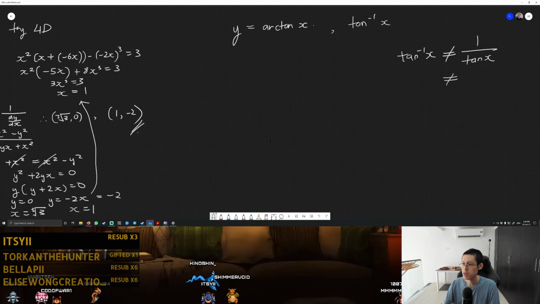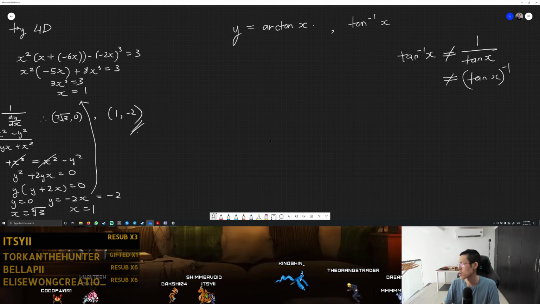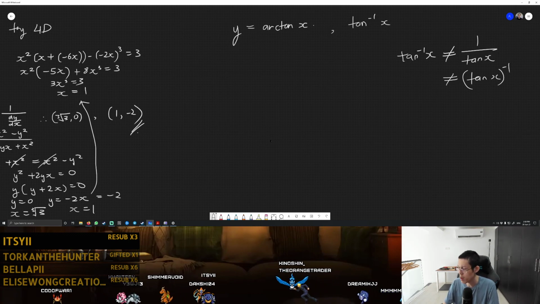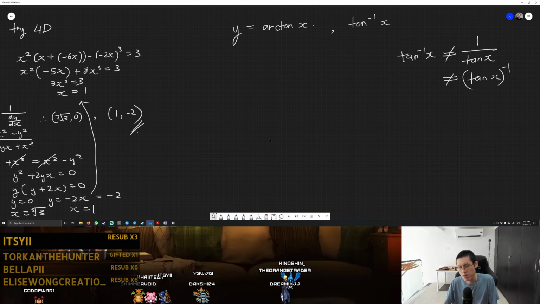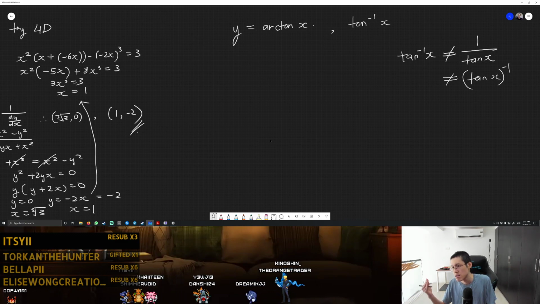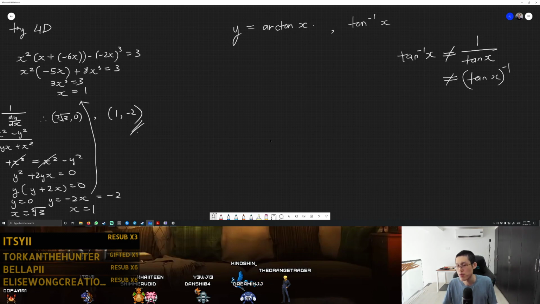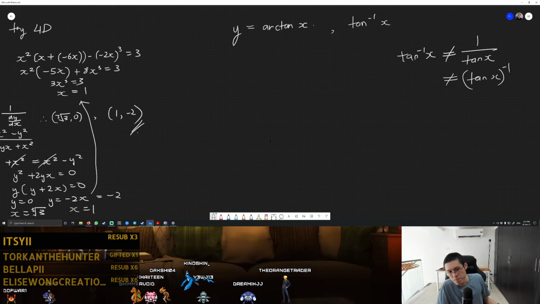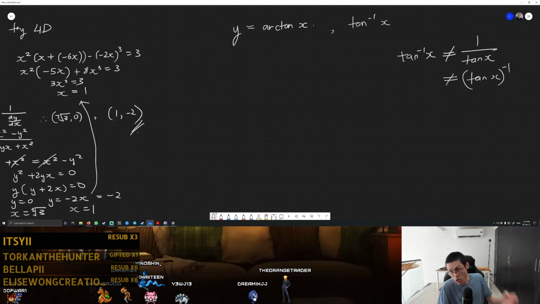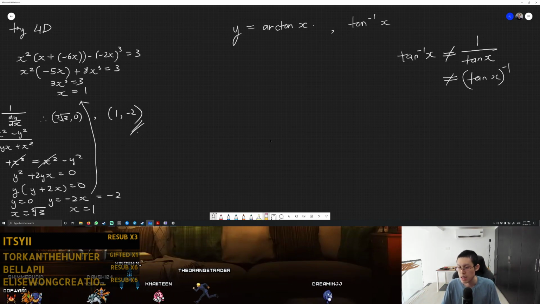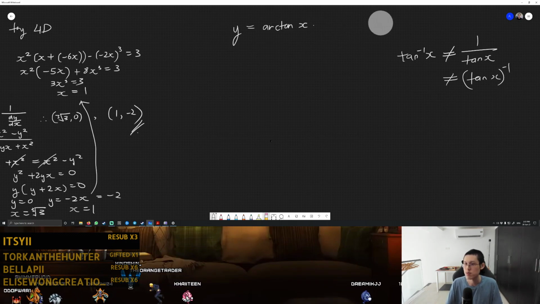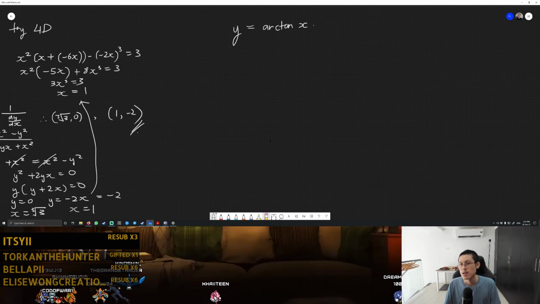It does not mean tangent x to the power of minus 1. I mean, you can also interpret it that way, but in the context of A levels, when you see tangent to the power of minus 1, it actually refers to the arctangent, the inverse function of tangent. But just to make it less confusing, I'm just going to stick with using arctangent here, so there is no ambiguity.